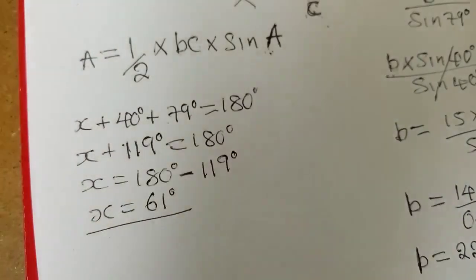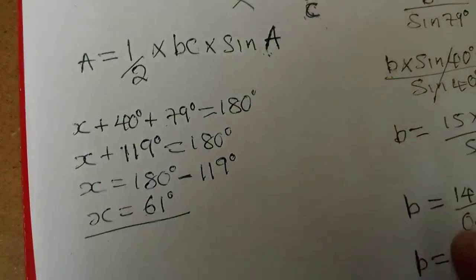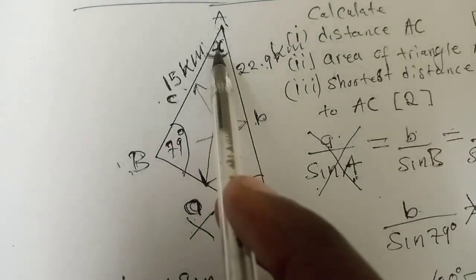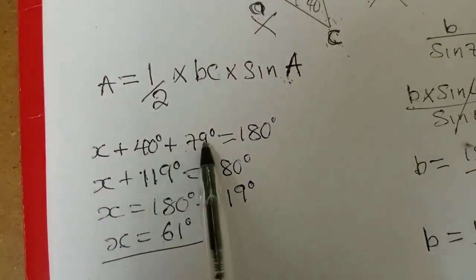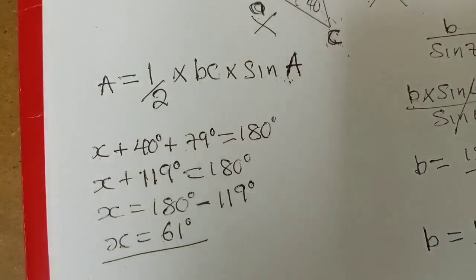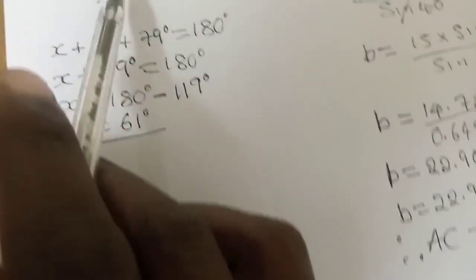So this is the angle, meaning that A is 61. This x here, the angle here, is 61 degrees. So when you add 40 plus 79 plus 61, it's supposed to give you 180 degrees.